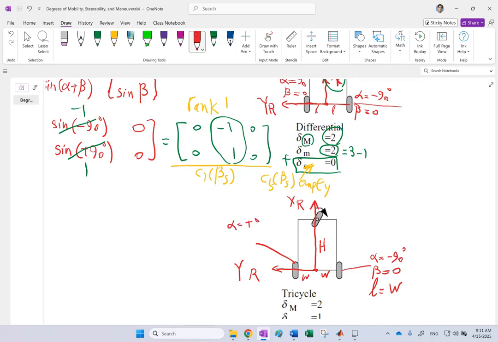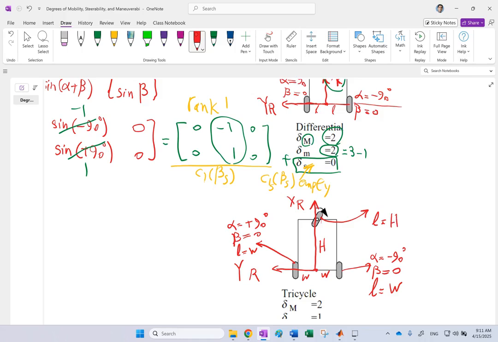Alpha is positive 90 degrees, beta is 0, and L is W. Okay, so these are what you have. And then what about this guy here? For this one, the radial distance L equals H.